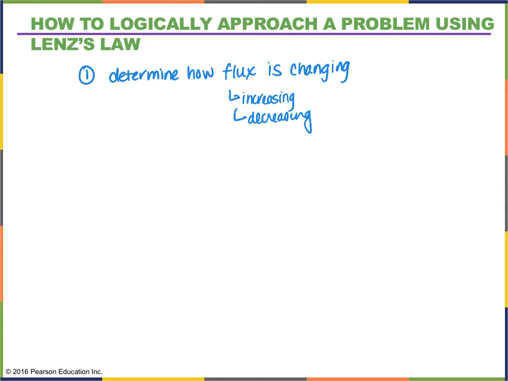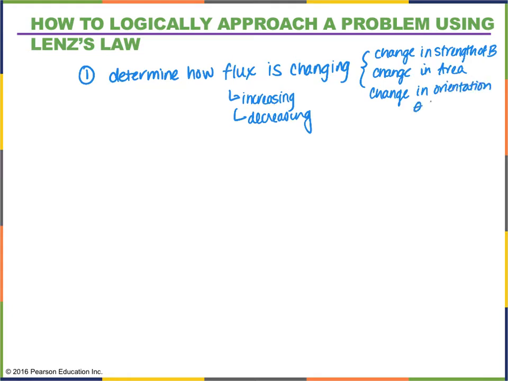Different things that can cause the change in the magnetic flux could be a change in the strength of the magnetic field. We could have a change in the area, and we could have a change in the orientation.